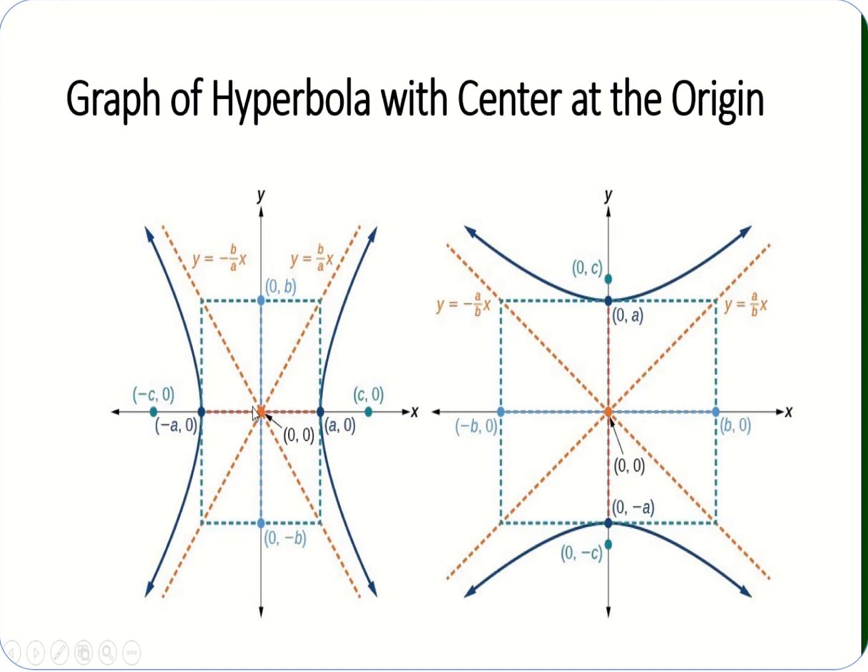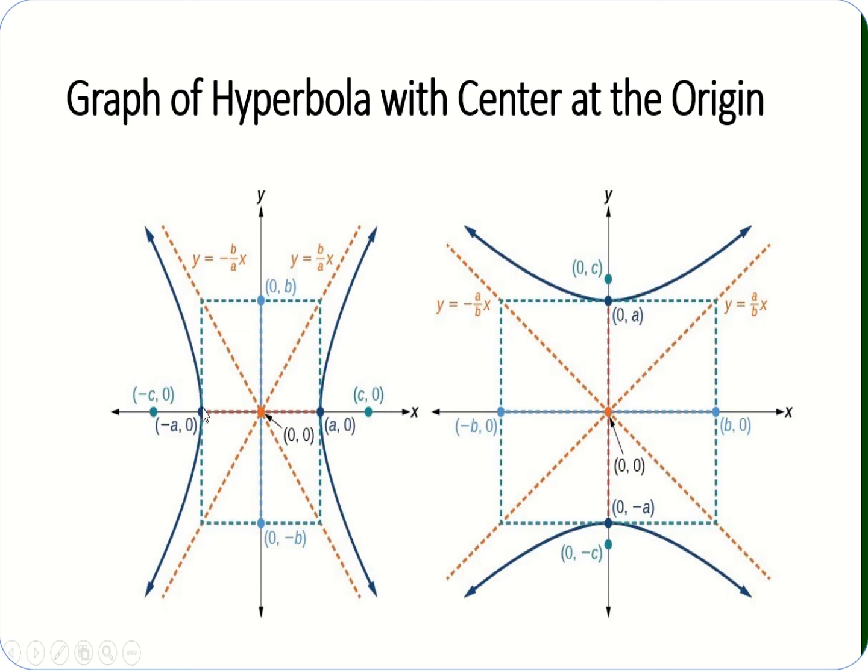For the a, this is the distance of a, and this is the distance of b. From the center to one of the vertices, that is a.